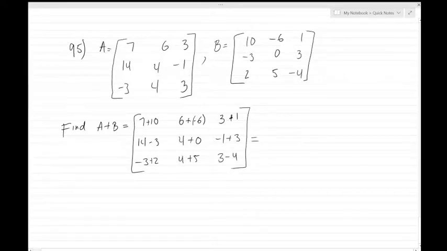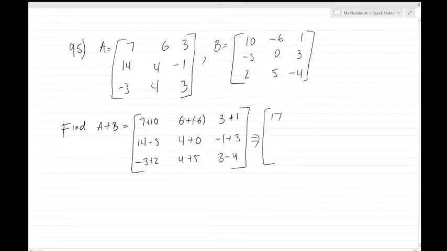Again, that's the elements that are in the correct spot, I guess you can say. And then I'm going to further simplify it a little bit more.